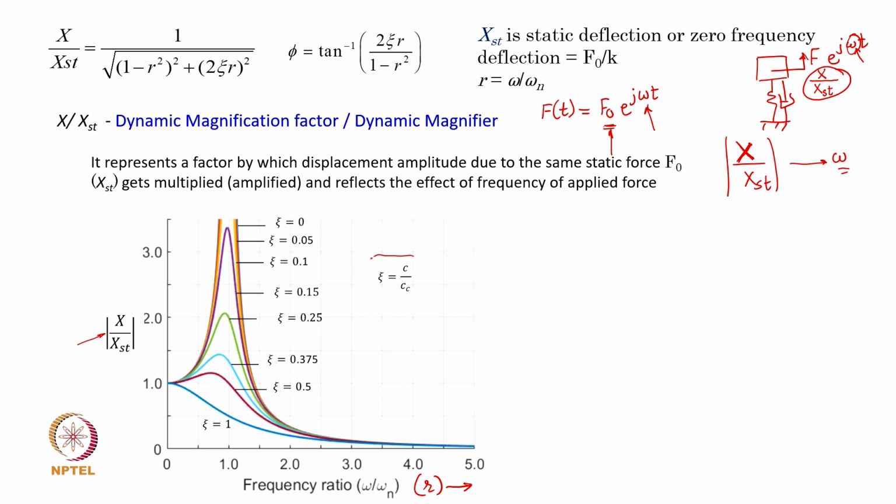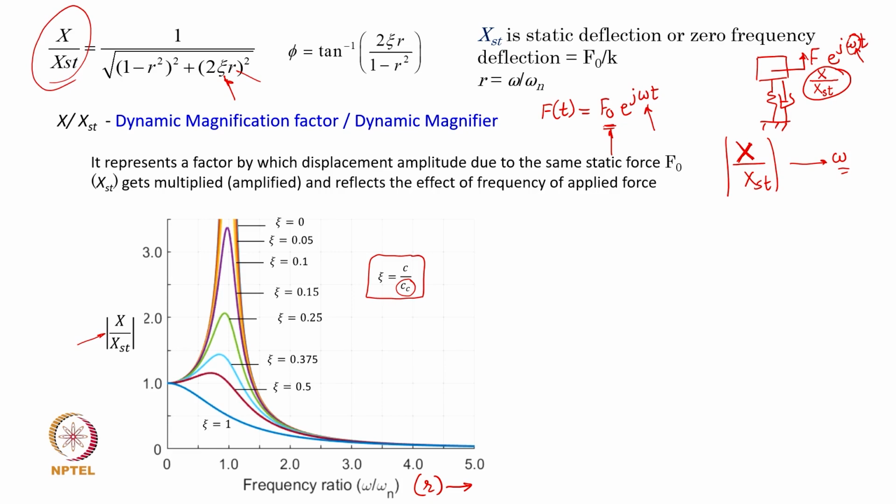The damping in our system, C, is normalized again with the critical damping coefficient, and the damping factor is used. So, for a given damping factor value, if I simply vary the value of r, the variation of x over xst, the dynamic magnifier, can be observed.